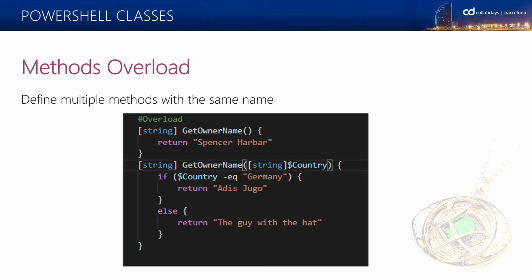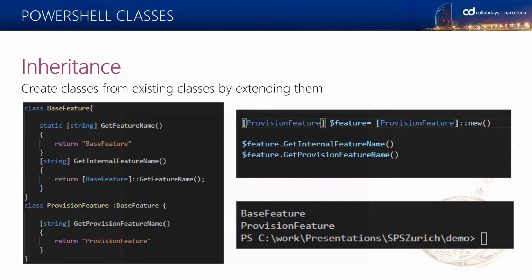And basically that works also in PowerShell. Another interesting feature is also the inheritance. So basically we can define a base class and then have another class inherited by the parent. So here we're defining the provisioning feature.